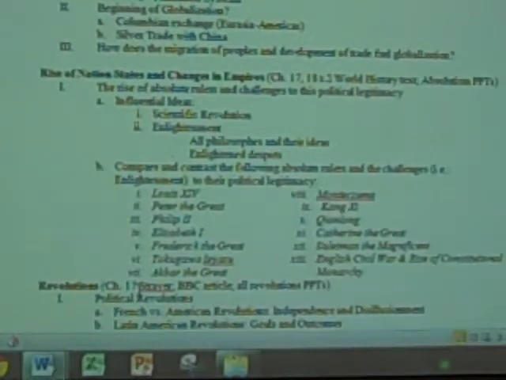Do you recommend going back into our chapter books and looking at them? Yes, I would. In the world history textbook, it's chapter 17 for absolutism, and I would recommend at the end of each section there are little questions, and what it has is recall, so identify and define.